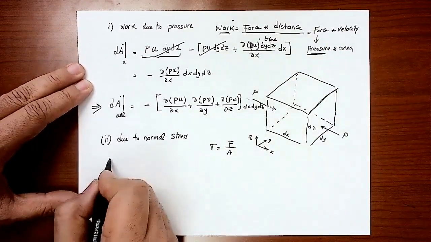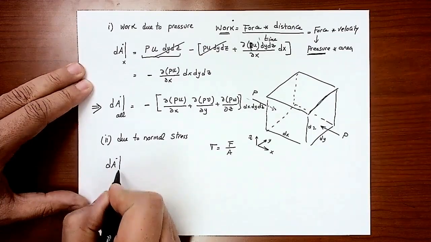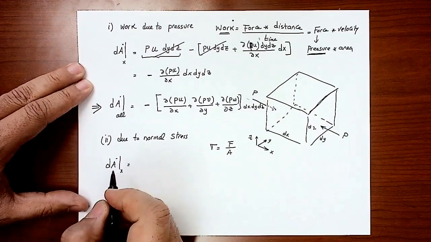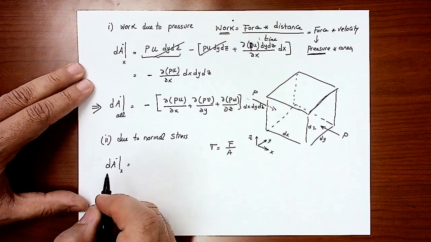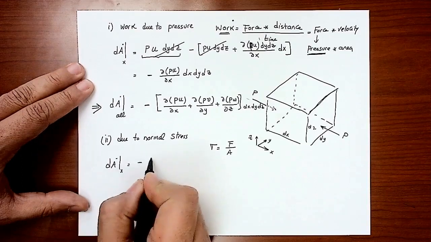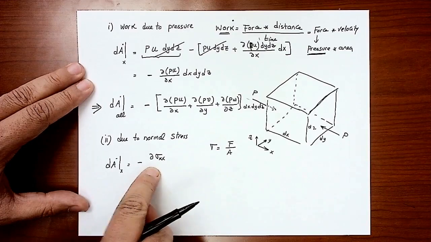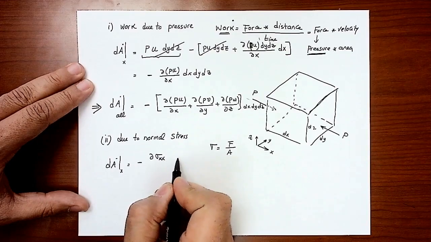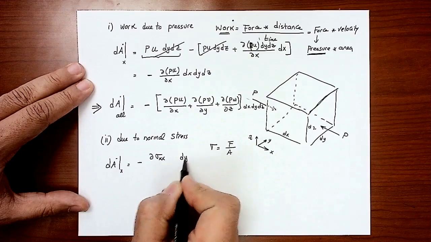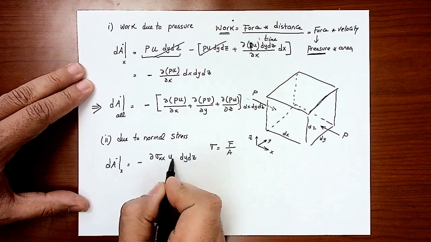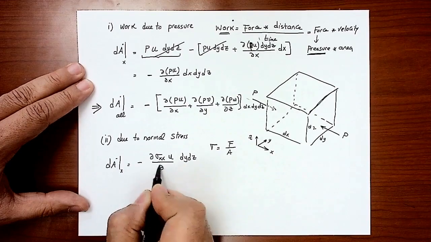So you will find that dA dot in the x direction will be simply minus partial sigma xx, this is the normal stress in the x direction, times the area, which is dy dz, times the velocity u, and you change that relative to x.